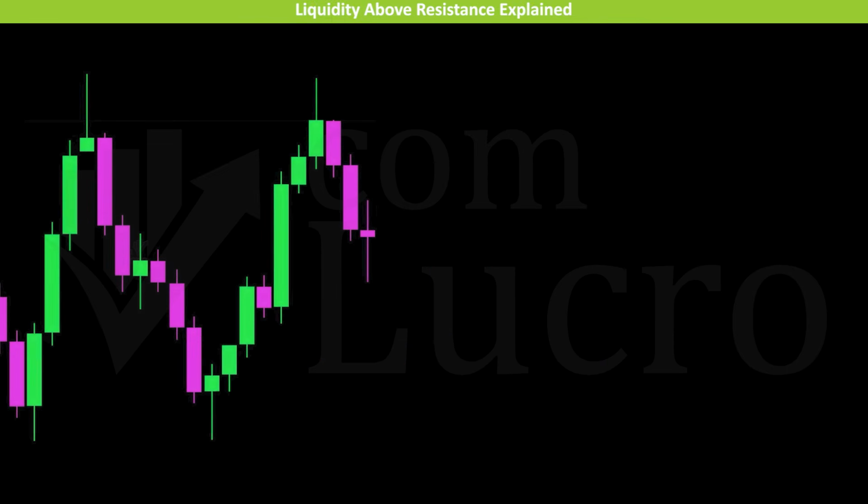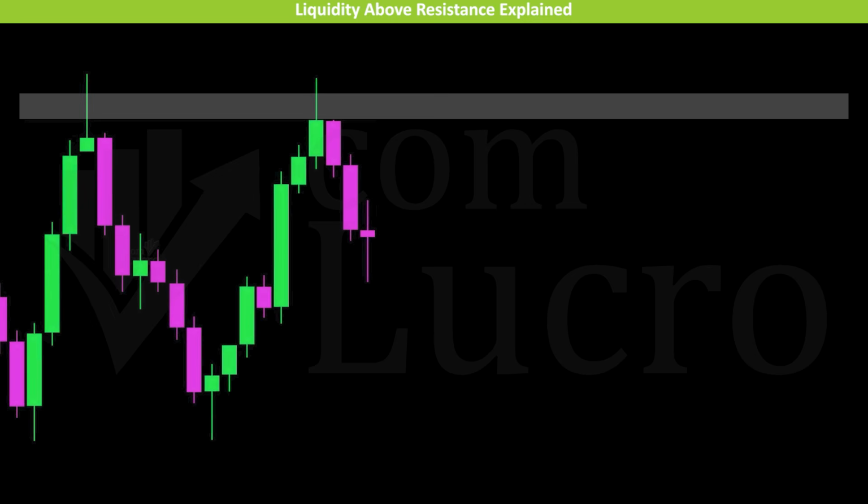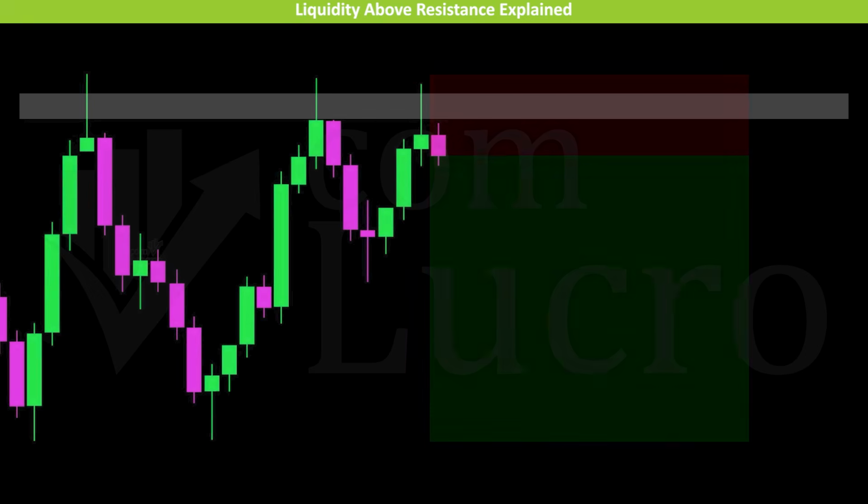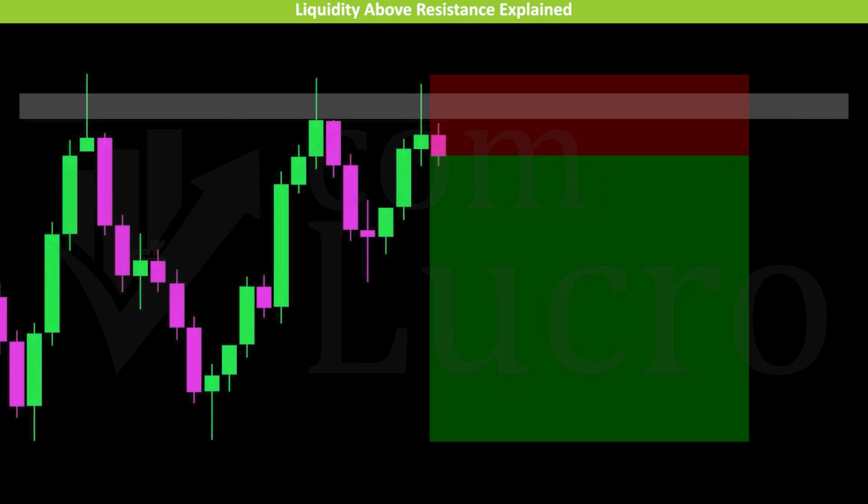Now, imagine a scenario where smart money wants to sell a pair. To do that, they need buyers. Liquidity is found where retail traders open trades. In this case, we have a resistance area that rejected price multiple times. If the market returns to that zone, many traders will go short, placing their stops just above it.